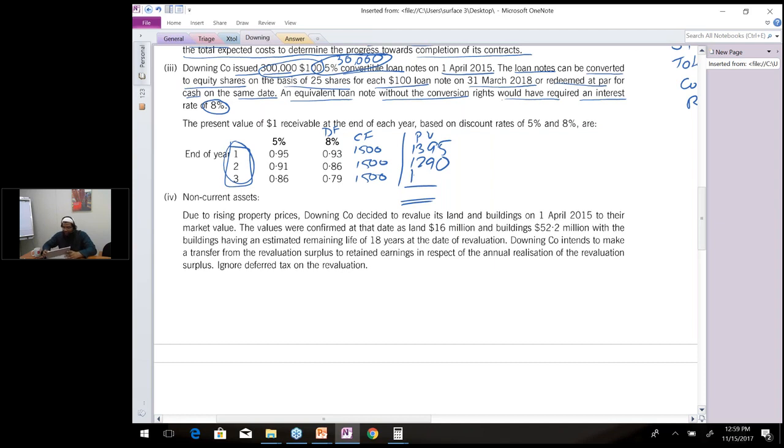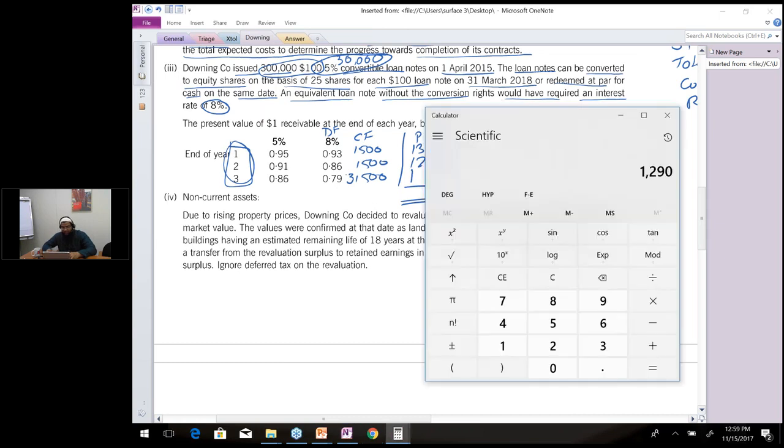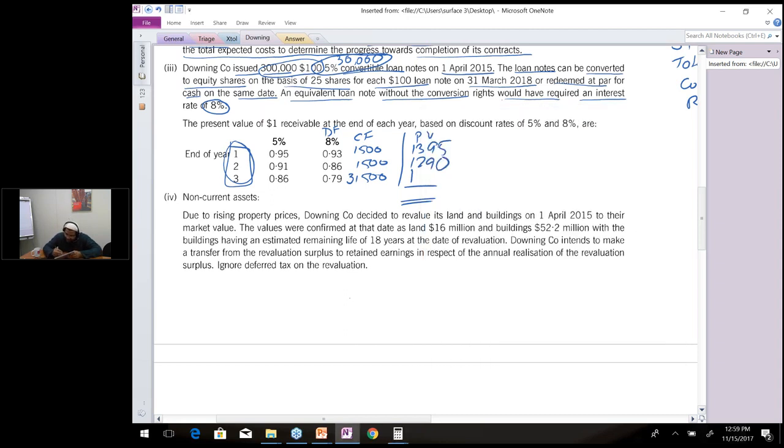How can it be 1,185? Okay, in year 3 it is actually 31,500, because in year 3 we are going to repay the loan as well. So 31,500 into 0.79 is going to be 24,885.